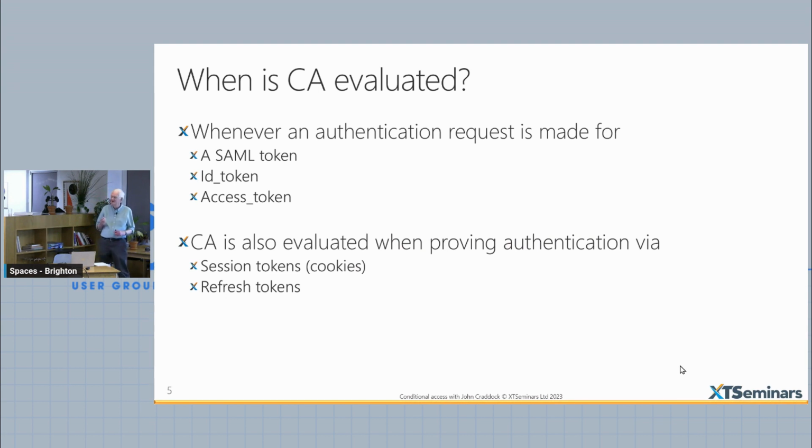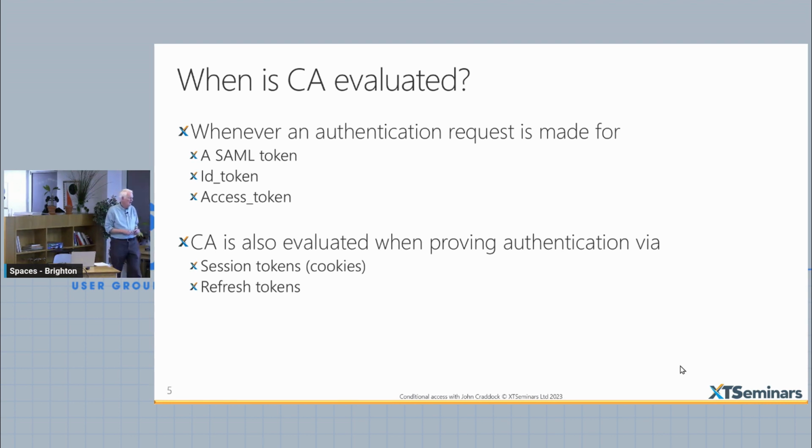A SAML token is a federated token, and it could be that you're using SAML protocol. You could use WS Federation, but it's a SAML token, right? So we've gone up to Azure and said, please, can I have a token to prove my identity to this application? When one of those is used, whenever an ID token is used, and whenever an access token is used. Again, what exactly is an ID token and access token, I will come to in 1 second.